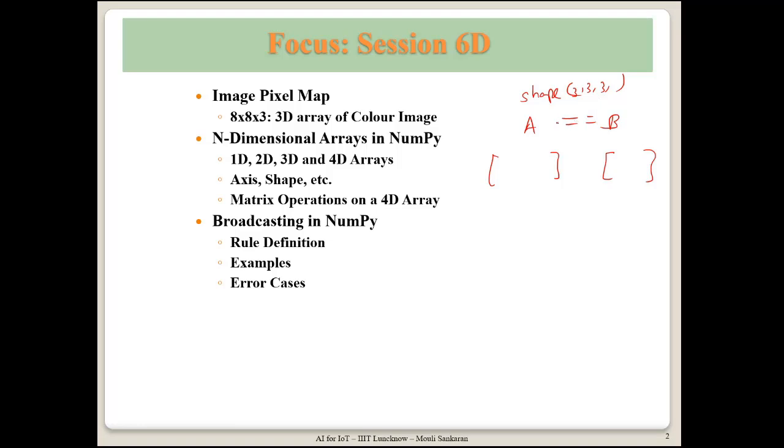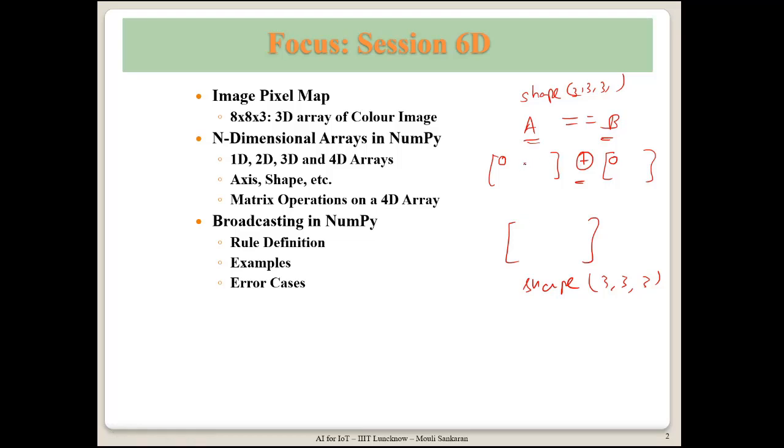Okay, so if the shape of both A and B is exactly the same, then I can perform the arithmetic without any issue, because if I am doing a plus, I will take one element here, add the exact corresponding element here, and then I will get the result which is also in the same shape as the original A and B, which will be 3 by 3 by 3 in this case.